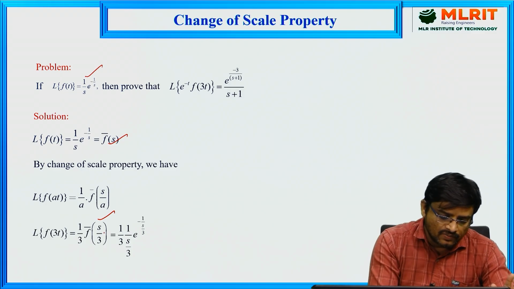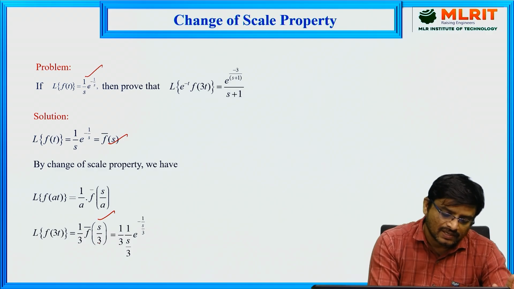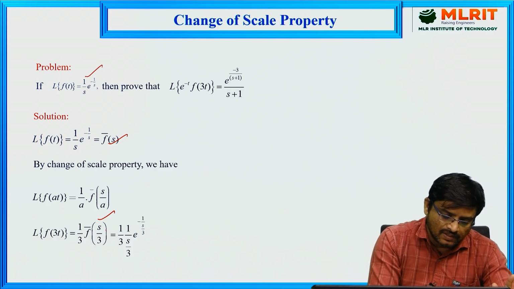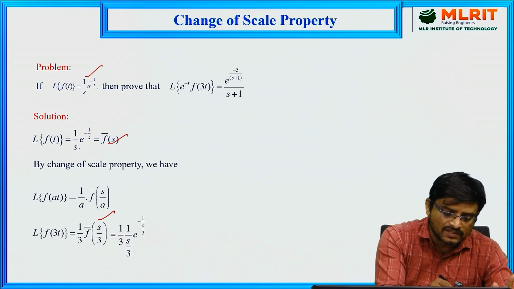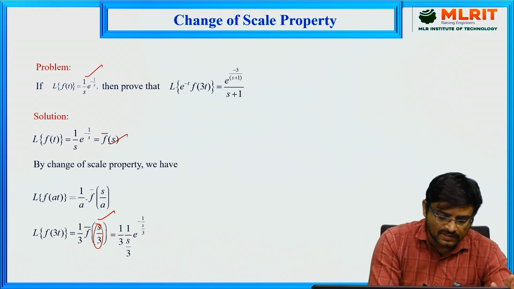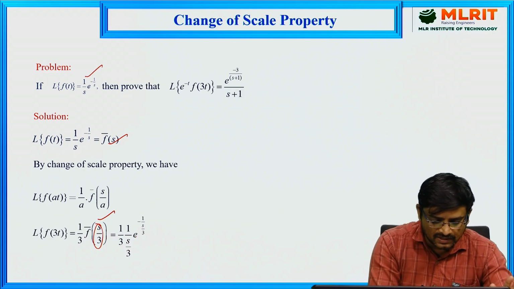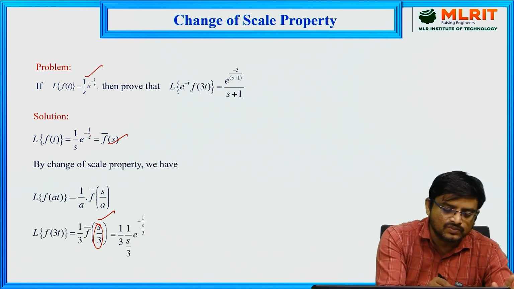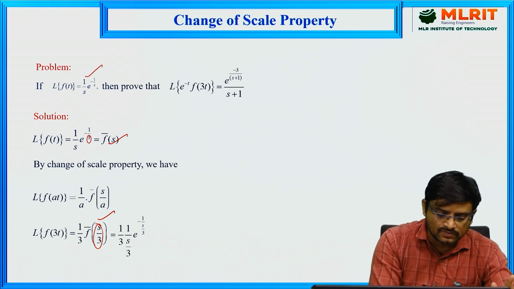Here we want f bar of s by 3, so replace s with s by 3. So 1 by 3 into f bar of s, which is 1 by s into e power minus 1 by s, where we replace s with s by 3.